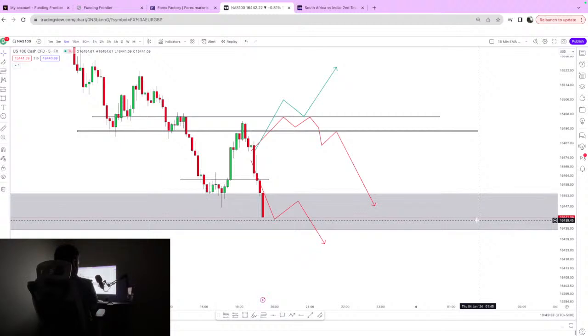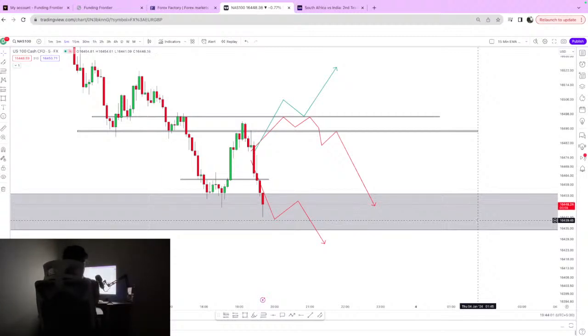That's why I'm not looking to buy at this level. And the trend is also not very much bearish right now. So here it may be a manipulated level also.